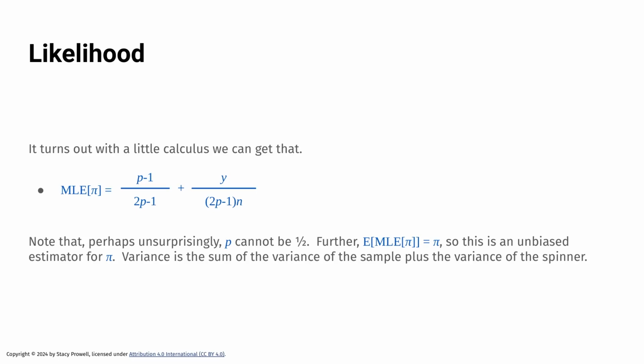Oops, we have a problem. I can't give you a maximum likelihood estimate of pi when p is 1/2. And we already knew that P being 1/2 conveyed no information, and now we see that as a consequence in the math itself. If you want to know the variance of this estimator, it's the variance of the sample plus the variance associated with the spinner itself.